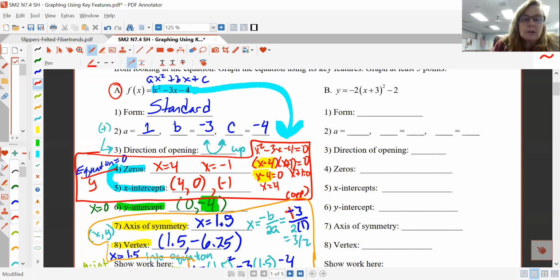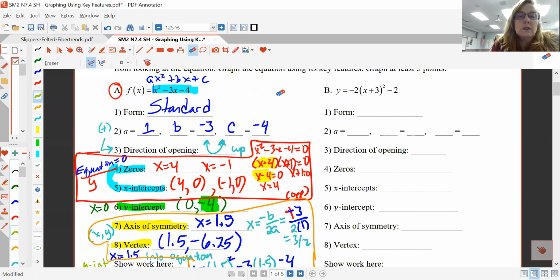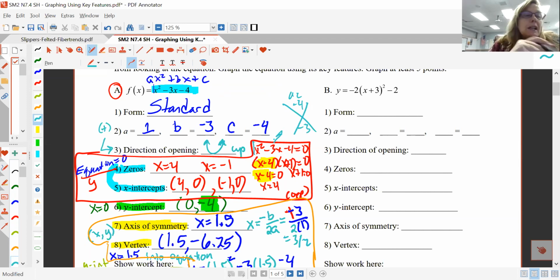That's easy from there. What am I doing with factoring? You should have your whole factoring set going on here. So factoring. So there's my set. I draw my diamond. A is 1, AC is -4, B is -3. Two numbers that multiply to -4 and add to -3. Those two numbers are going to be -4 and 1.